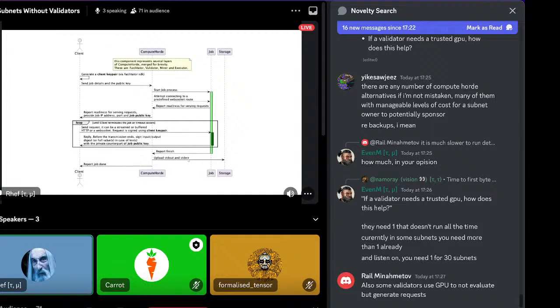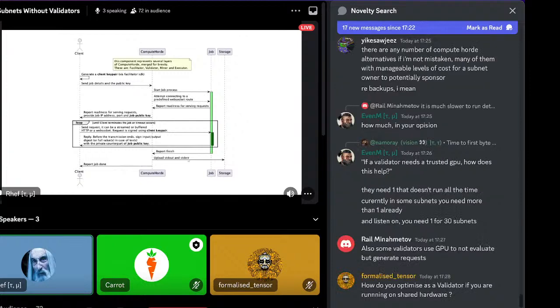The component in the middle is called compute hoard, and for demonstration we will show it as one component, while inside it's four components. So we generate a pair of keys that we will use for access. It's like a temporary token, and then we start the green thing on the right side.